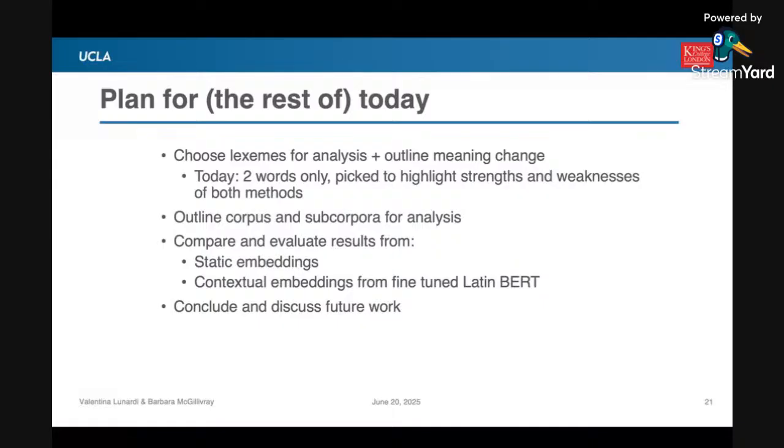For the contextual embeddings specifically, I've fine-tuned Latin BERT, which is one of the few available large language models for Latin. Okay, and then we'll conclude and discuss what might be done to improve this work, which is still work in progress.